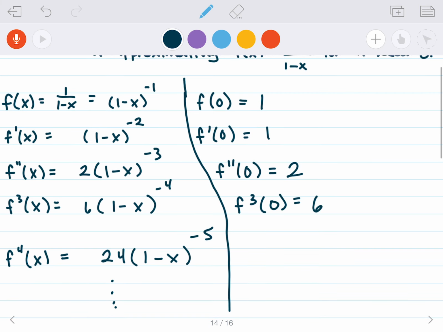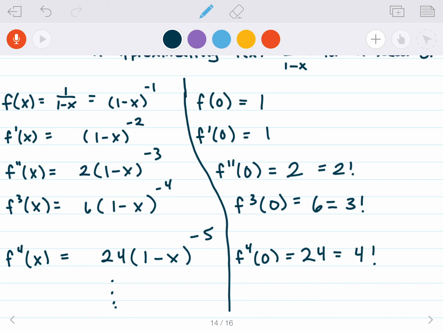And keep in mind here that 2 is the same thing as 2 factorial, 6 is the same thing as 3 factorial, and f4 of 0 is going to be 24, which is the same thing as 4 factorial.